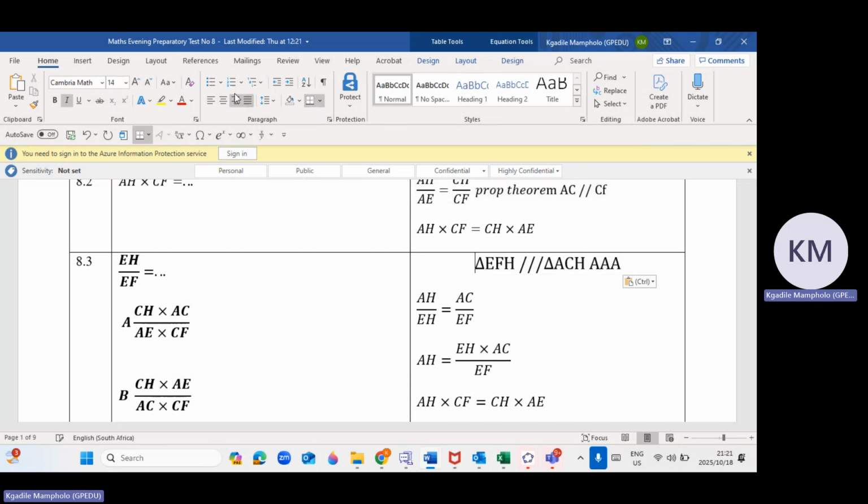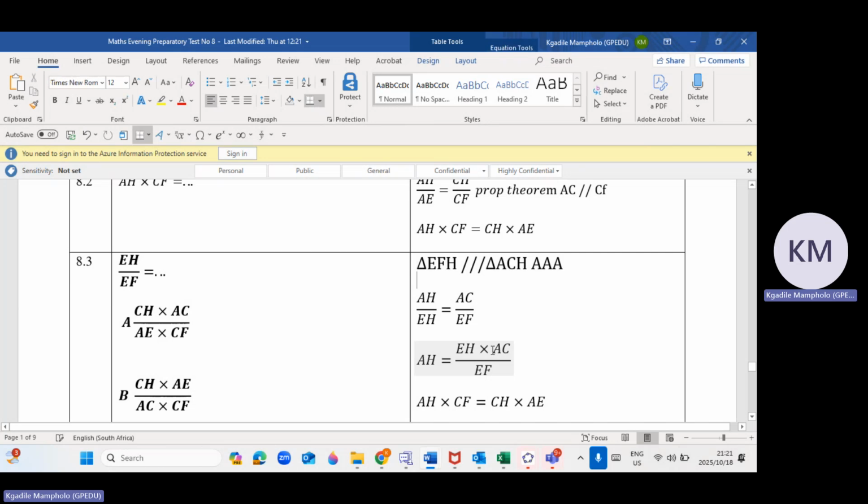Then we'll say AH over EH, AH is first and last, EH is first and last, equals AC over EF, AC is the first two, EF the first two. Then when you make AH the subject of the formula and cross multiply, it will be EH times AC over EF.